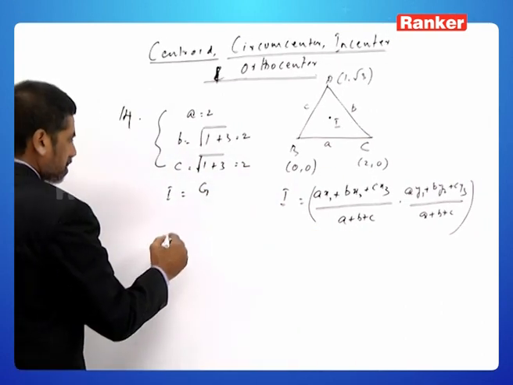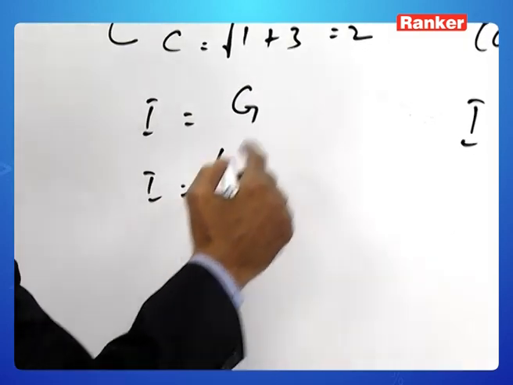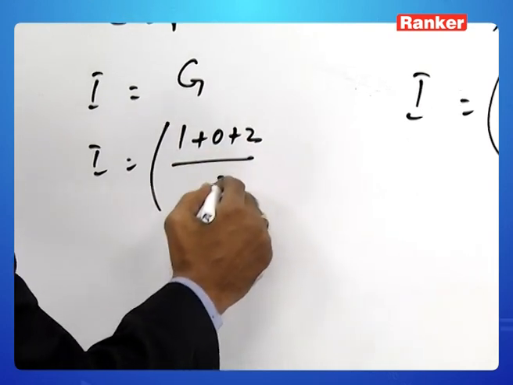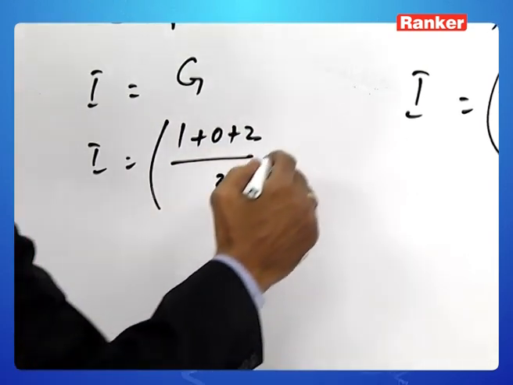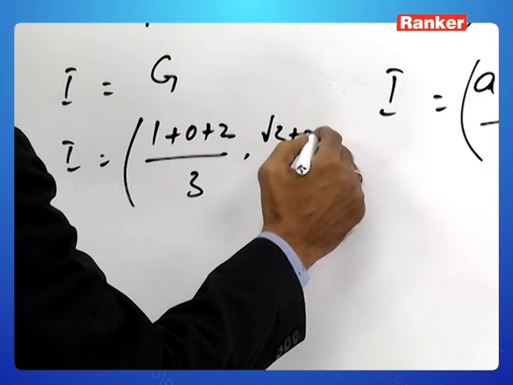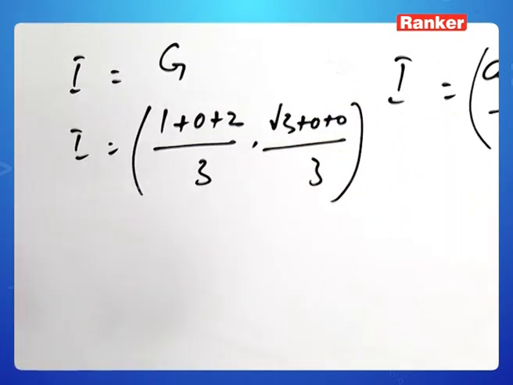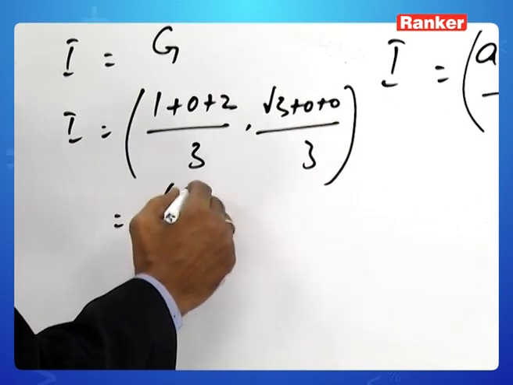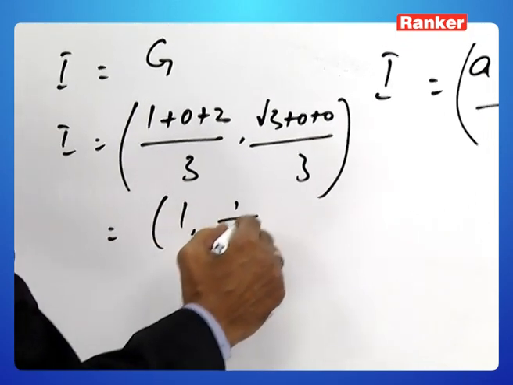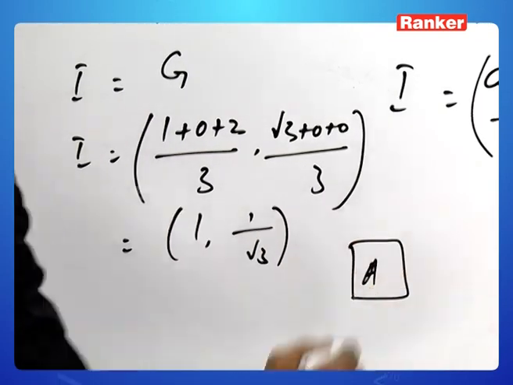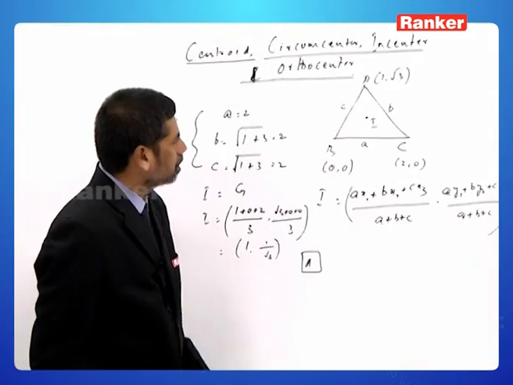So the centroid of this triangle will be (1 + 0 + 2)/3 and (√3 + 0 + 0)/3. So this will be (1, 1/√3), and option A can be located in the answers.